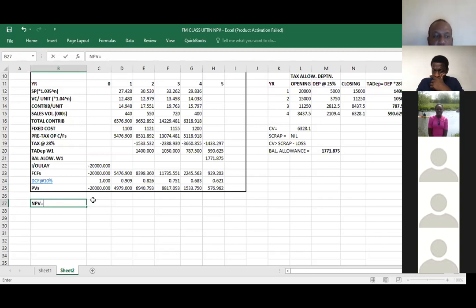So our net present value now will be equal to the sum of all the present values. And so what's the final thing?